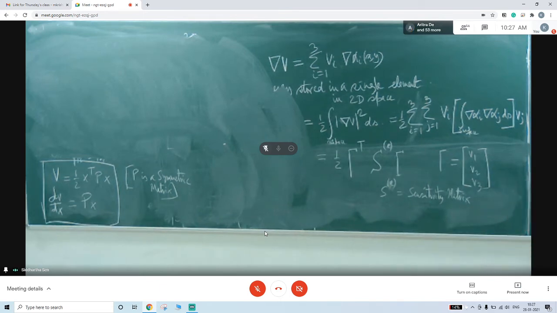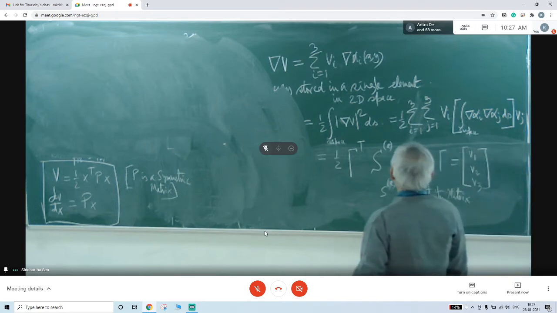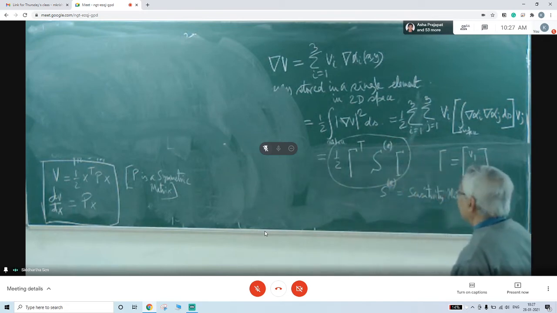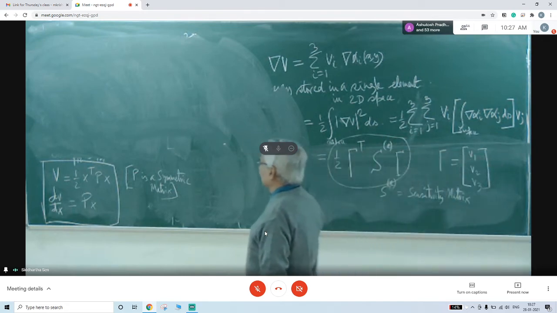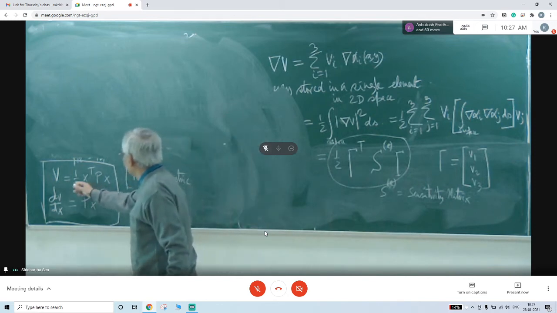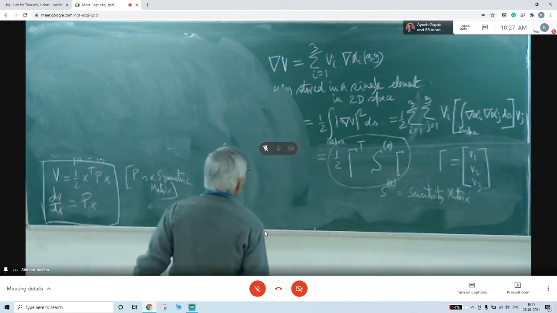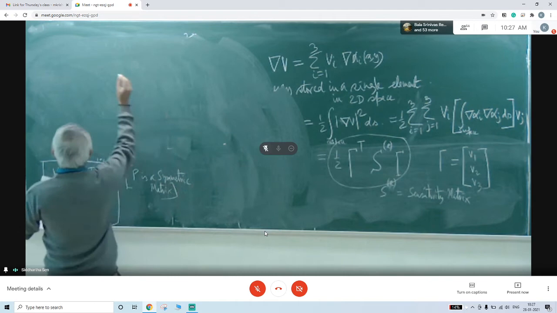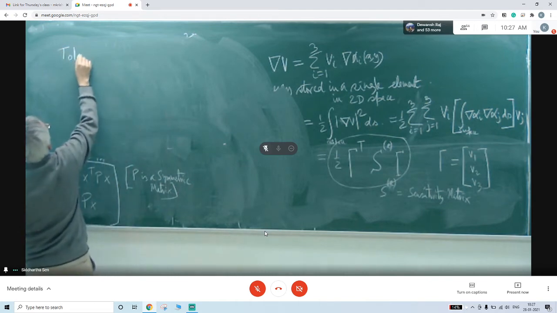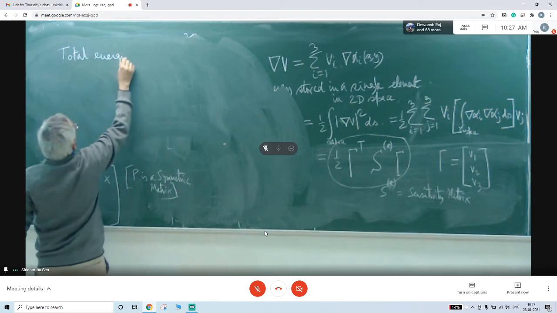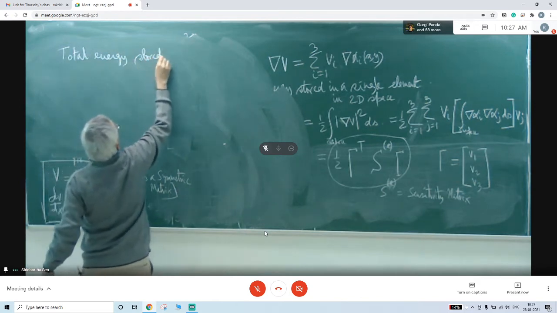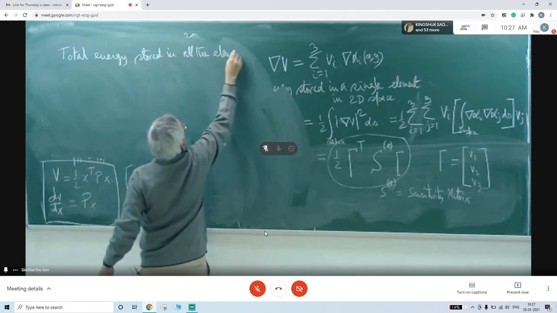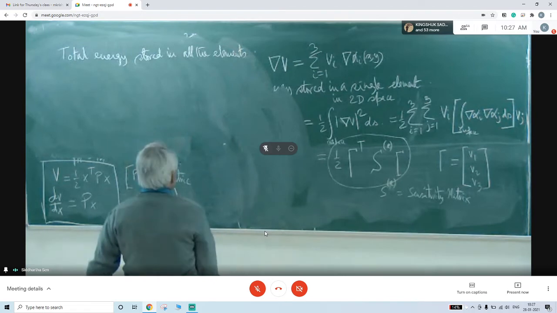What I wanted to say is that V can be expressed in a quadratic form, which is nothing but a scalar function, and basically if we take the derivative of these things there, it will come in this way. If we are satisfied, so what we do is that total energy stored in all the elements.